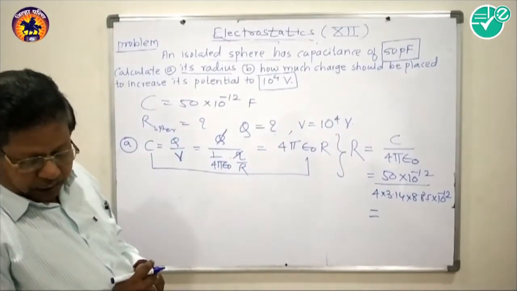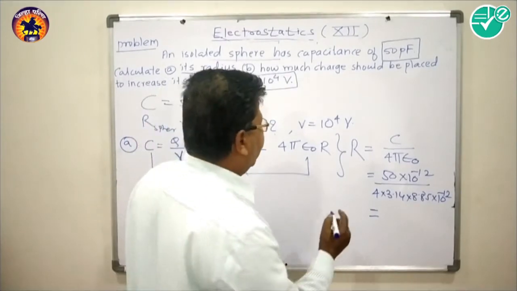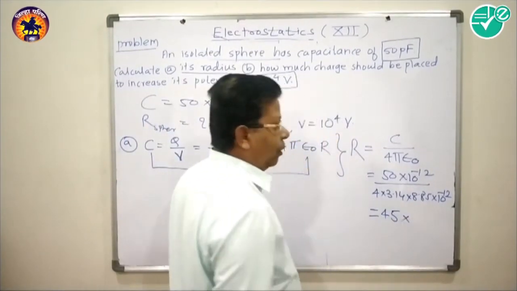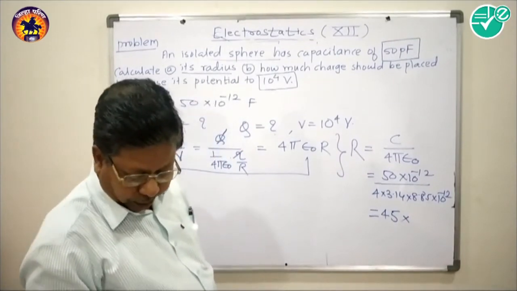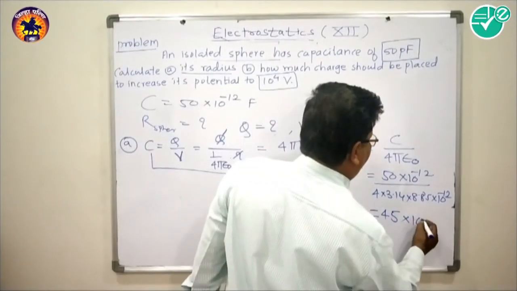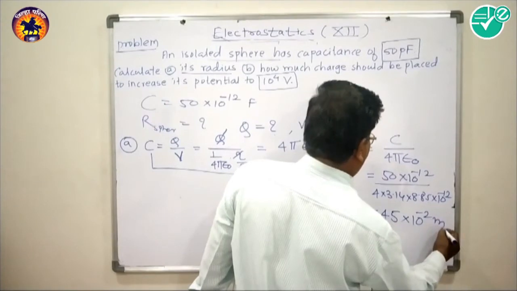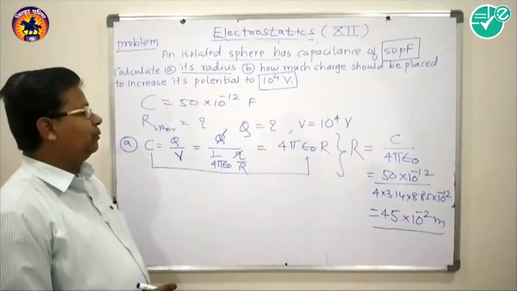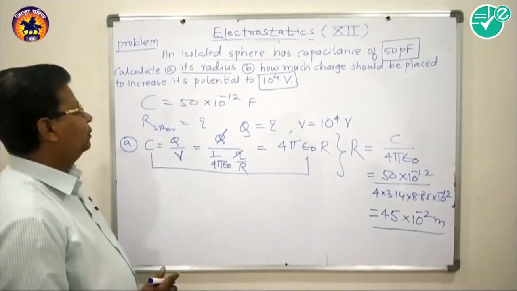If we solve this, we get radius equal to 45 into 10 to the power minus 2 meter. So the radius of the sphere is 45 into 10 to the power minus 2.